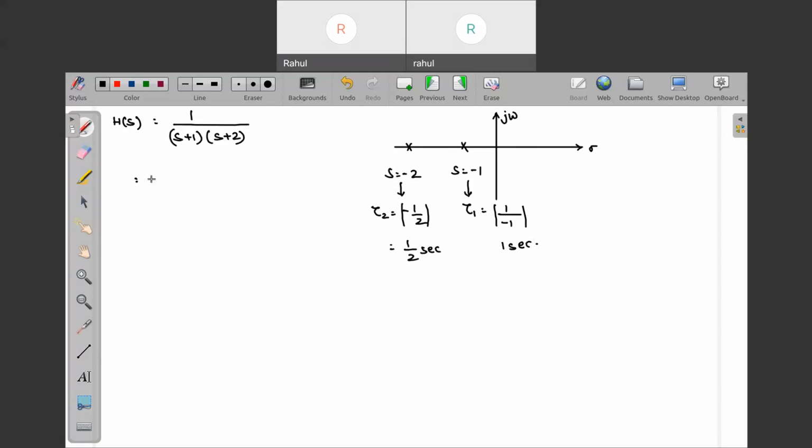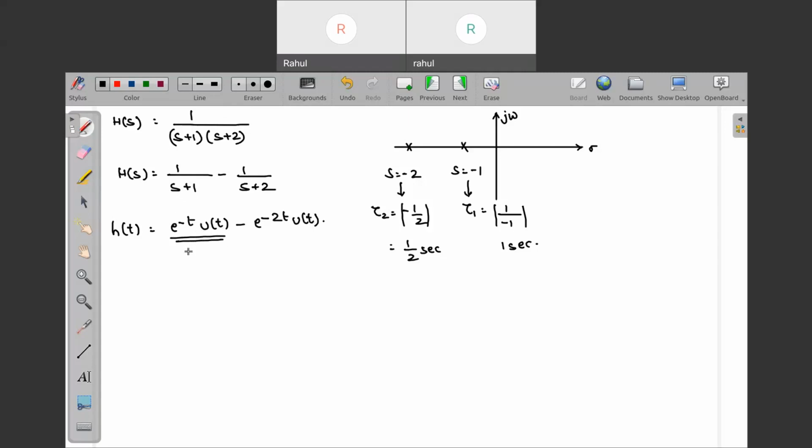And even if you calculate h(t), if you take partial fractions over here, H(s) is equal to 1 by s plus 1 minus 1 by s plus 2. So if you now take inverse Laplace transform, when is this decaying exponential going to 36.8% of its initial value?